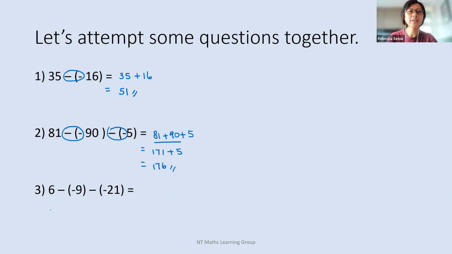And question 3, 6 take away -9 take away -21. That would result in 6 plus 9 plus 21. So 6 plus 9, 15. 15 plus 21, 36.